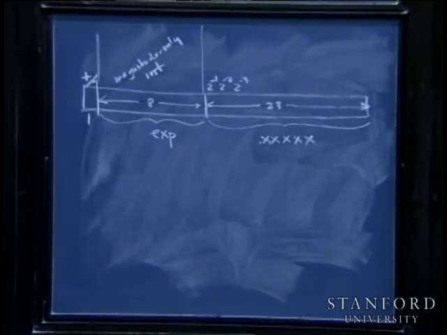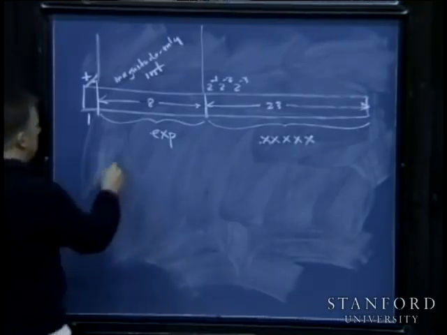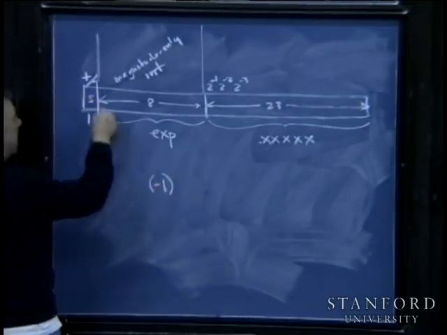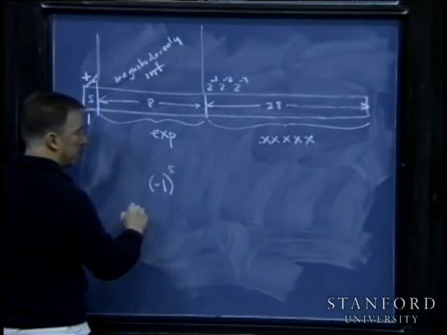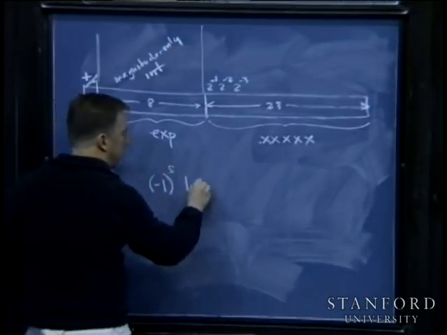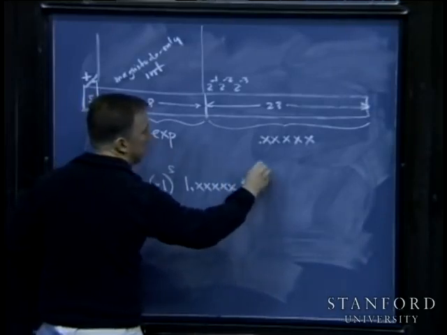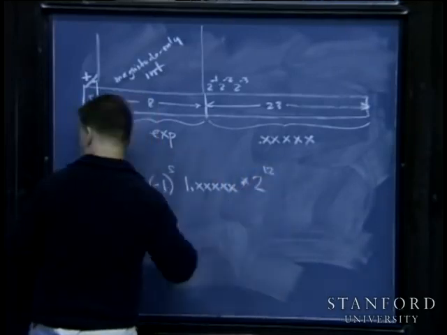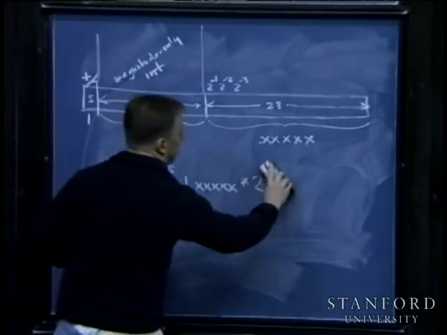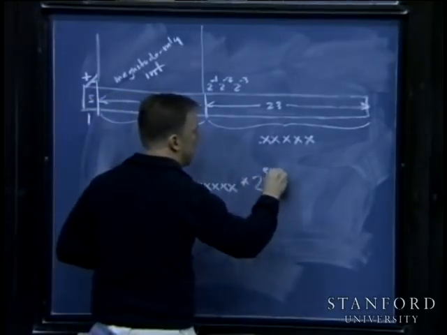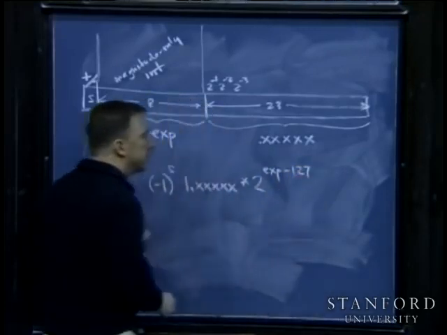What this figure and how it's subdivided is trying to represent is this number: negative 1 to the S, where S is the sign bit, times 1.xxxxx times 2 to the, hold on a second, EXP minus 127.